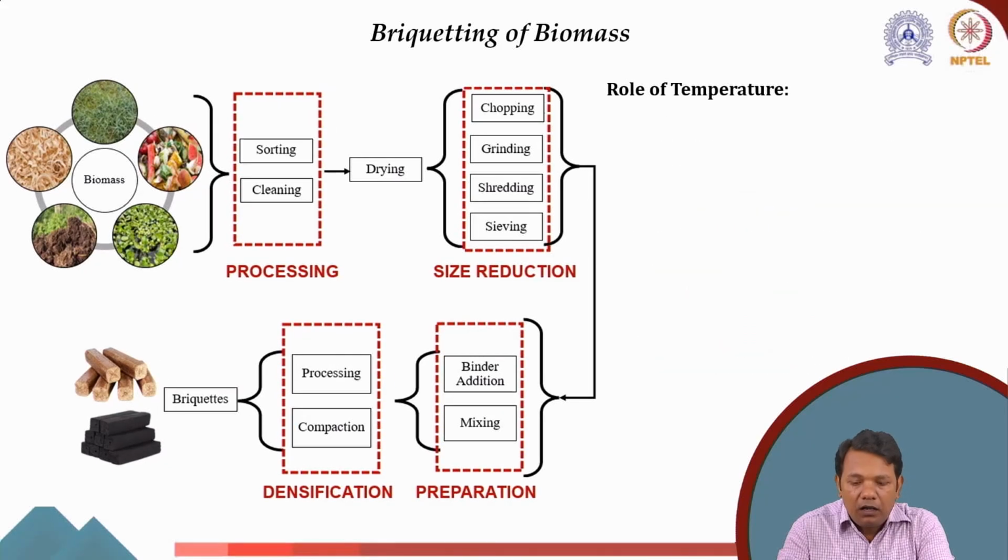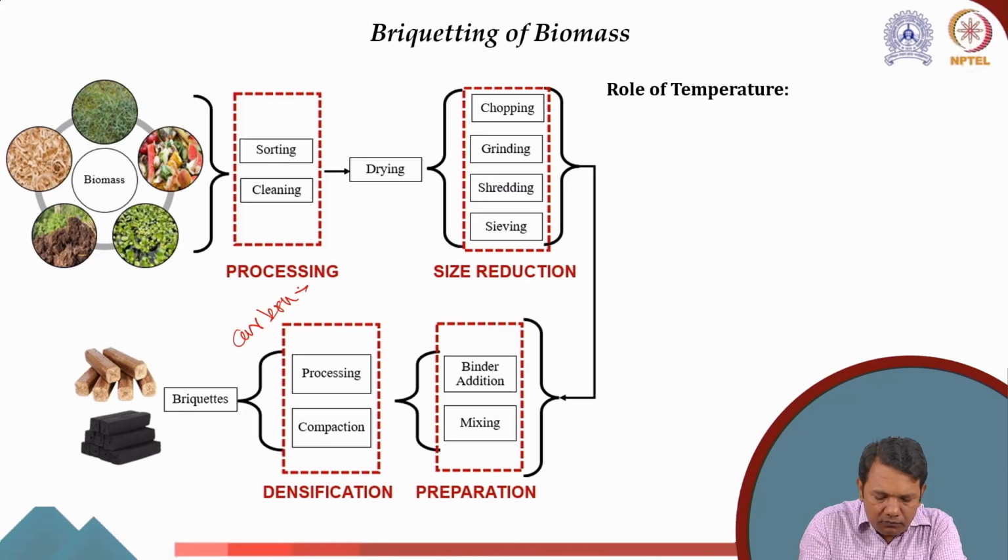Okay. Now, besides the pressure, there is a role of temperature as well, because in some cases we use a carbonization furnace or heating. When I show what kind of briquetting machines are there, you will see that in some cases there are screw conveyors, in some cases carbonization furnaces, in some cases heated screws.